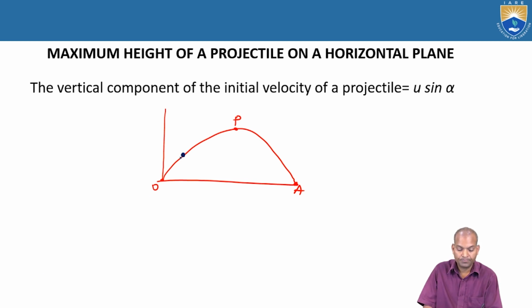At this point, the particle has horizontal and vertical velocity components, that is ux and uy.